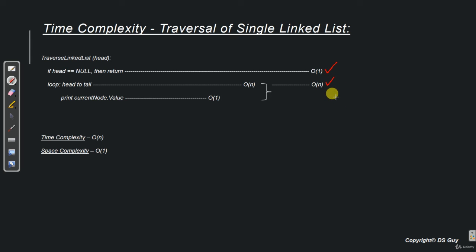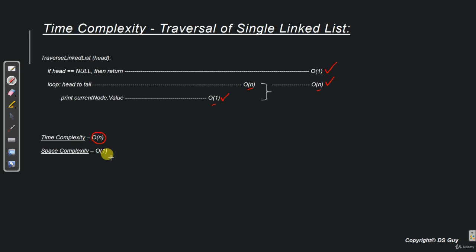Now printing each value from those nodes will take order of 1 time. So when we multiply order of n with order of 1, we get order of n. So the total time complexity becomes order of n.